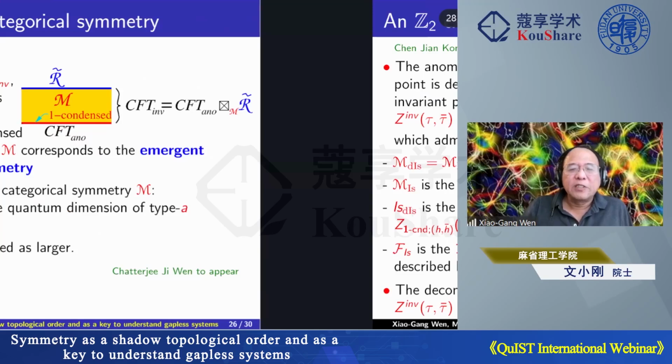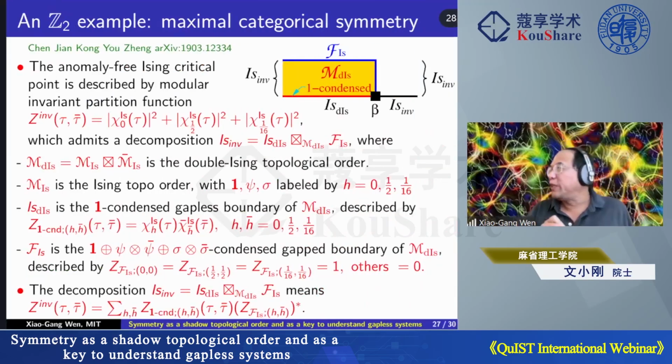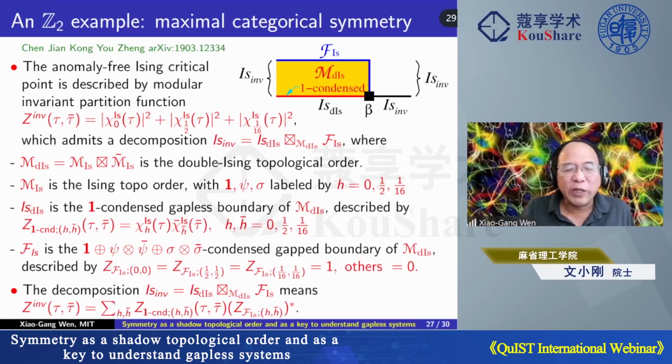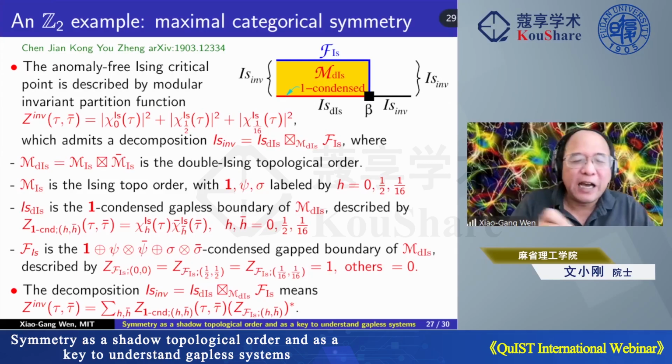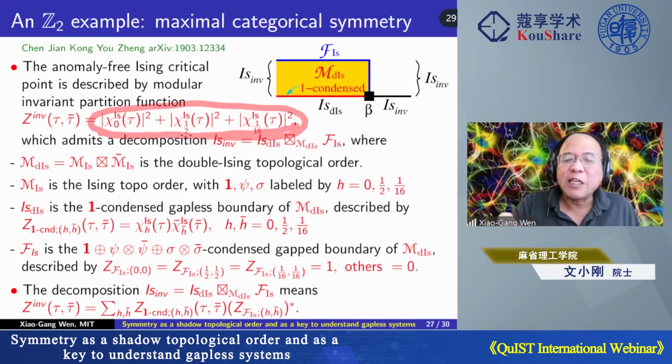So for the Ising model we studied, what is the maximum categorical symmetry? It turns out that the Ising modular invariant partition function has another decomposition. It can be decomposed into the double Ising topological order in the bulk, and the double Ising topological order has only one gapped boundary, which we call the F boundary.